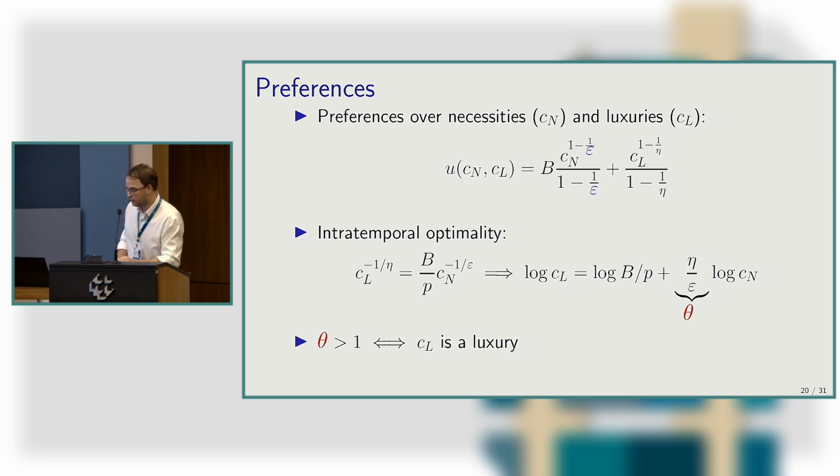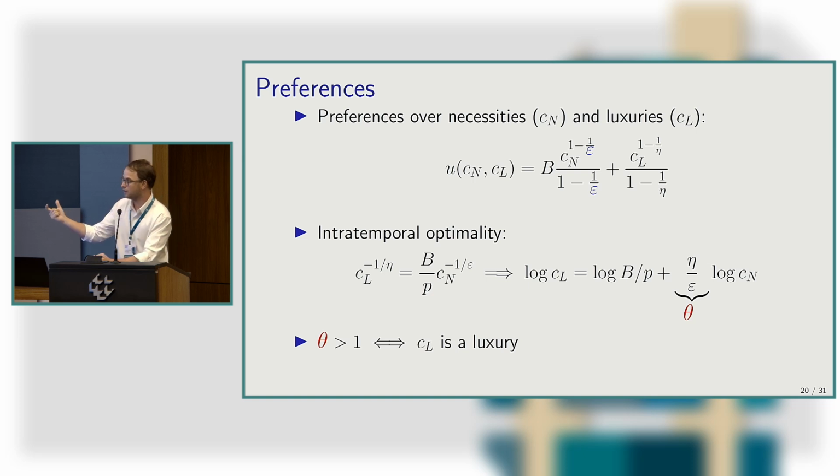The good thing about this structure is that from the intratemporal optimality of consumption choices of these households, we have this log linear condition: the log of the consumption of luxuries is going to be a constant plus this ratio between the income elasticities times the log of the consumption of necessities.